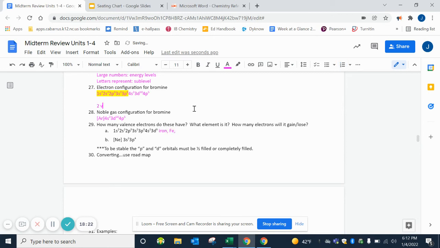It would have 2 valence electrons. Because remember, those are the outermost electrons, and the 4th energy level would be the outermost energy level, and there's 2 electrons there. And it will lose electrons, but how many it loses will vary because it's a transition metal.